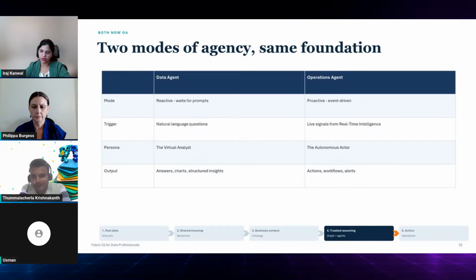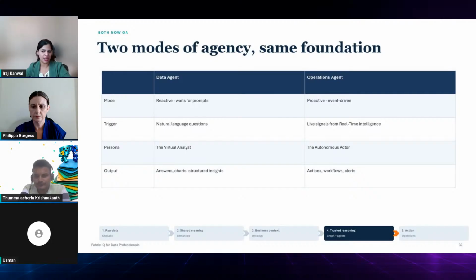An operations agent, on the other hand, is proactive. It watches the signals, evaluates the condition, notices if an incident occurred, determines which entities are affected, and proposes an action. It behaves more like an autonomous operations assistant, also with the governance and approval we need.